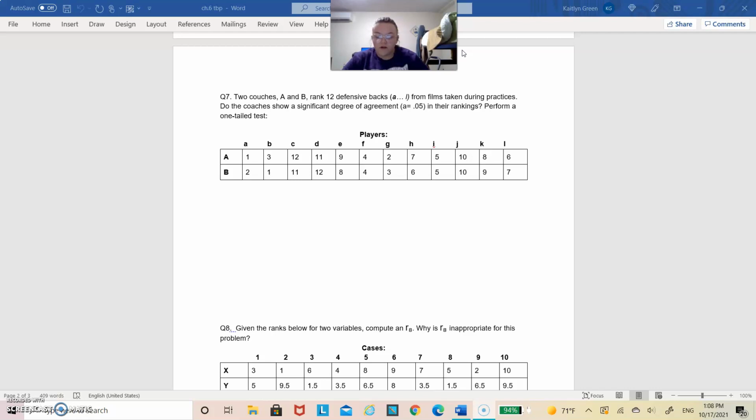12, and we find that RS equals 0.958, and we find z critical, of course, because we're doing a one-tailed test, and we find that 0.958 is greater than the z critical of 0.506, and so in this decision we will reject H0 and accept H1, and simply all that means is that there is a significant positive correlation and that it indicates that both coaches are similarly evaluating their defensive backs.